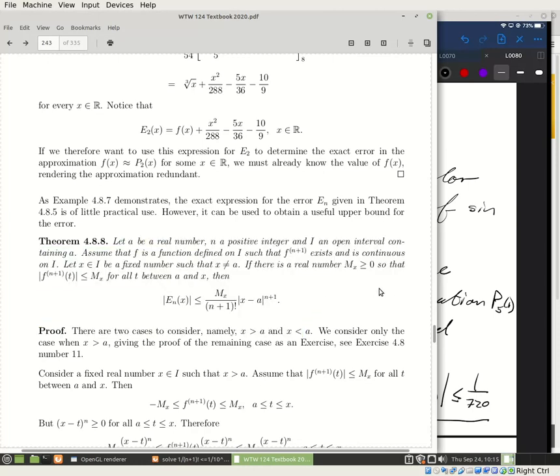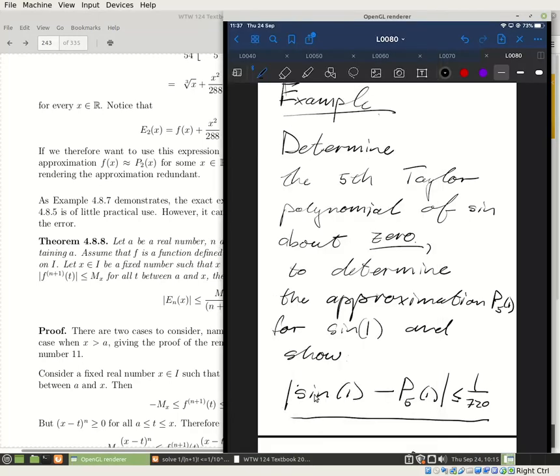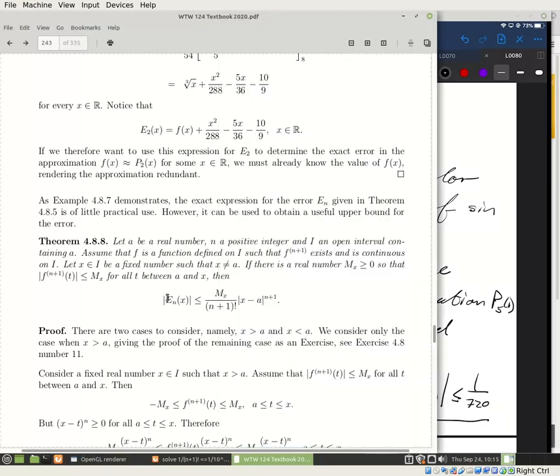We have already determined the fifth Taylor polynomial about 0, and now we want to show that our error is less than 1 over 720, and we will use this theorem.